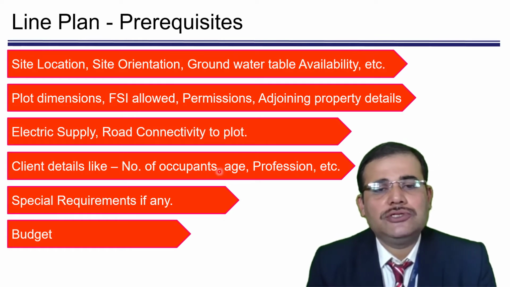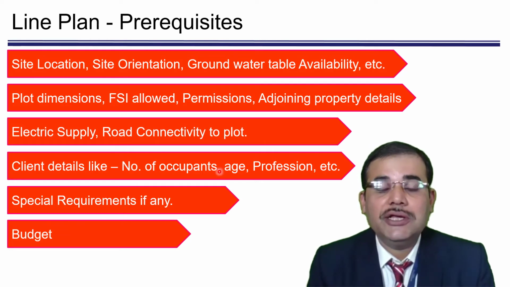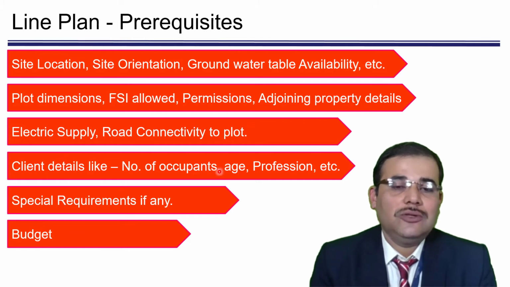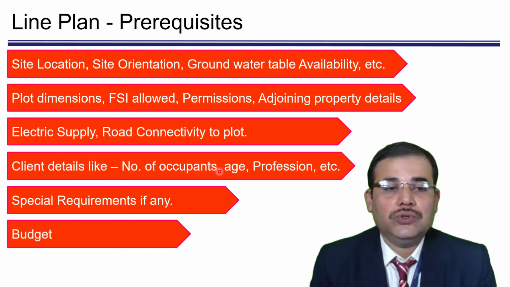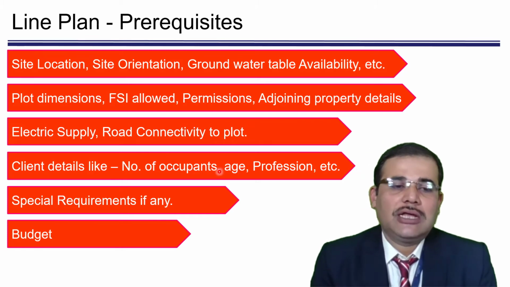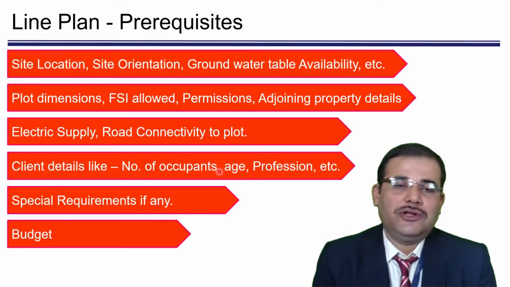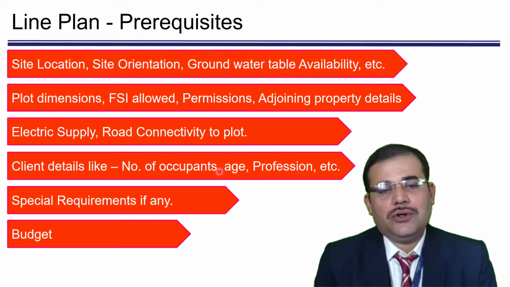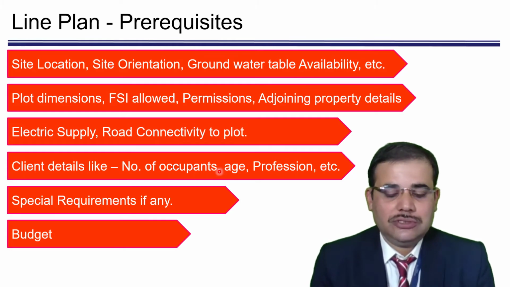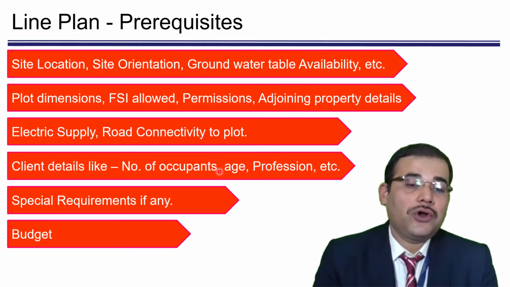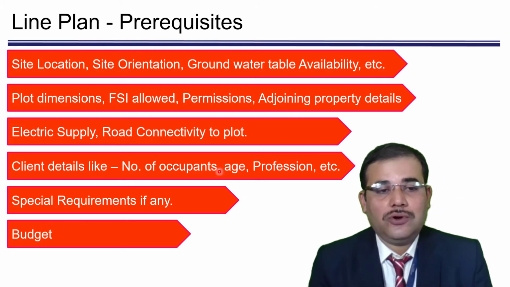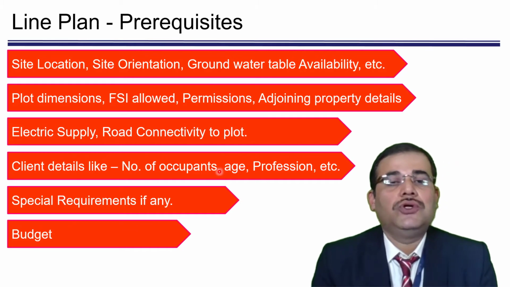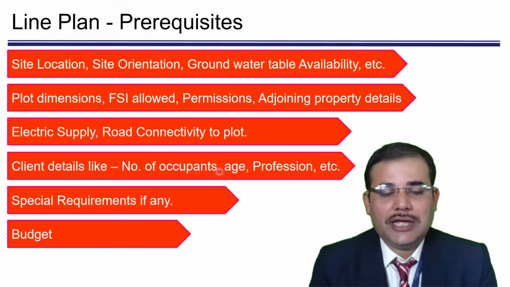So commercial utilization of a residential building may be a demand by the client, and that is why the profession must be known to you. Sometimes the client provides special requirements. For example, I want a room in hexagonal shape, or I do not want any kind of corridors. These special requirements you must consider before starting the line plan.